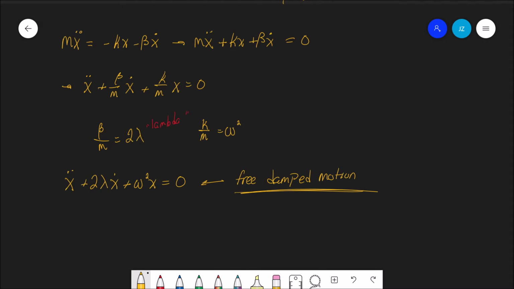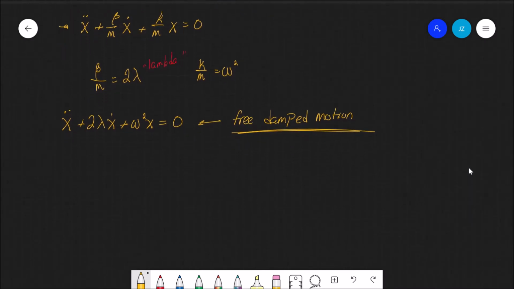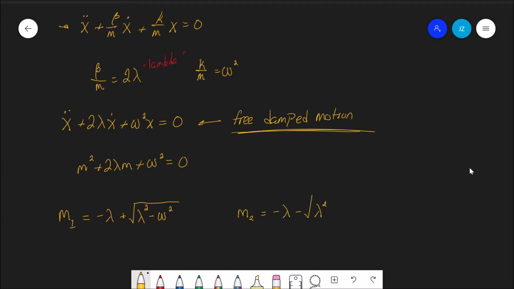We now want to solve this. So the auxiliary equation is m squared plus 2 lambda m plus omega squared is equal to 0. This will give us two solutions. m1 is negative lambda plus the square root of lambda squared minus omega squared, and m2 is negative lambda minus the square root of lambda squared minus omega squared.